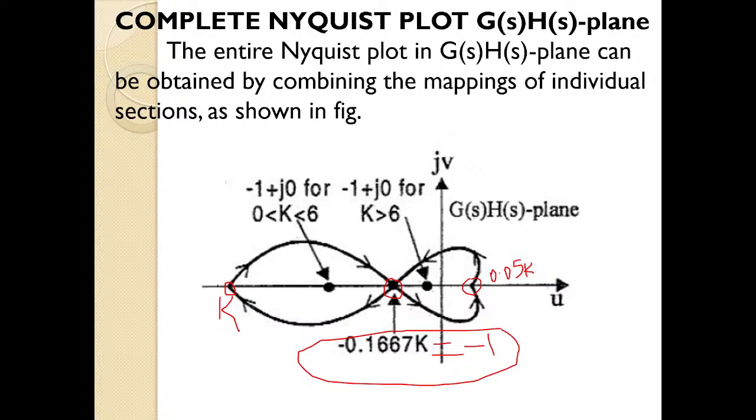If this is our -1+j0 point, then what is our K value?